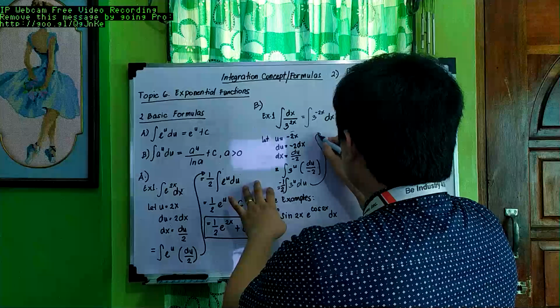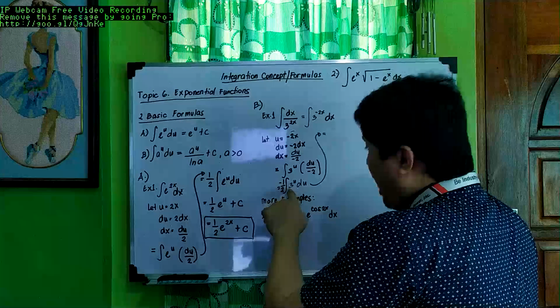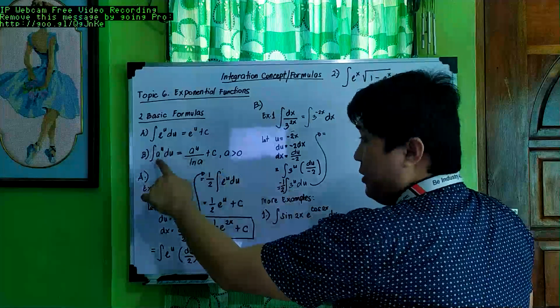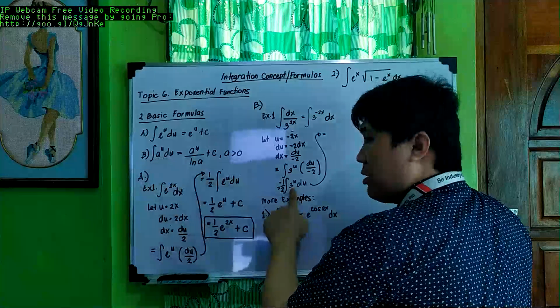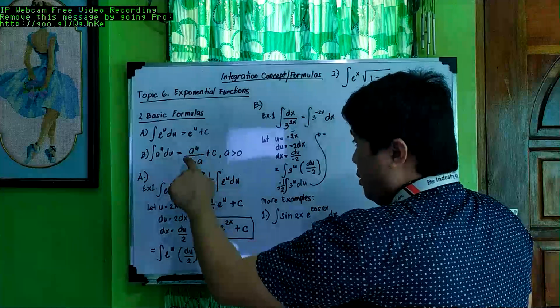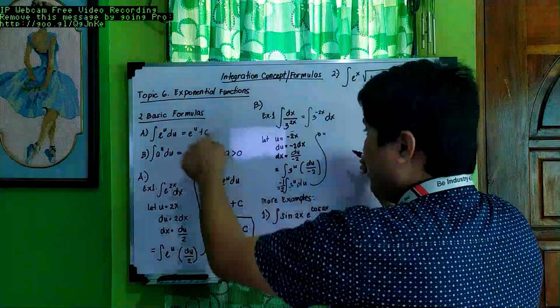And we know that the integral of a^u du, where your a is a number or a value, is equal to a^u over ln a. So when you integrate this one, this is the equivalent.